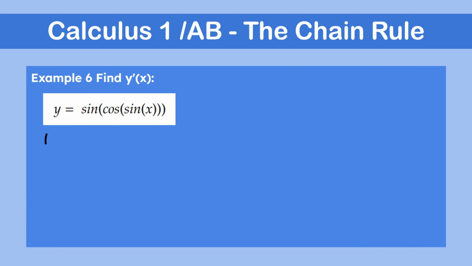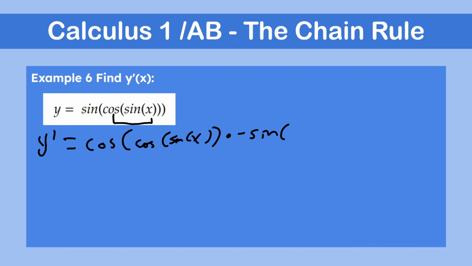Okay, so now we're going to find this derivative. We do the same thing as the other ones. We take the derivative of the outside, keep the inside the same, cosine sine x. Then we multiply by the derivative of the inside. So this is now the new inside. The derivative of cosine is negative sine, so we keep this inside the same, sine x.